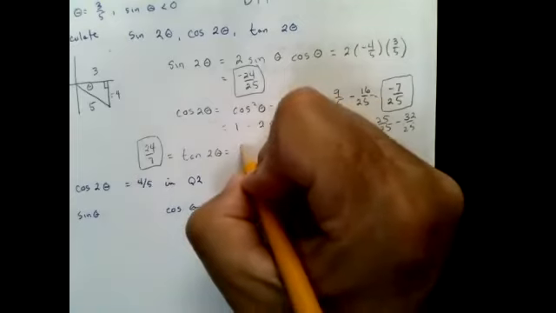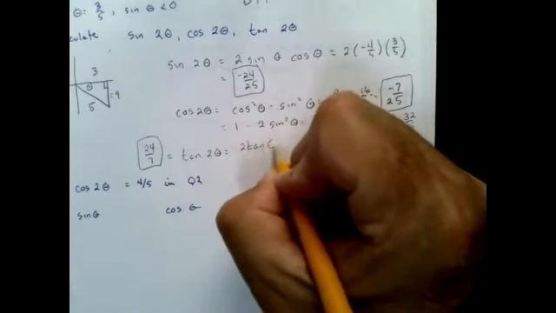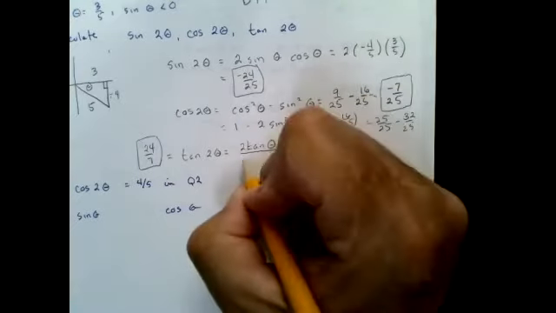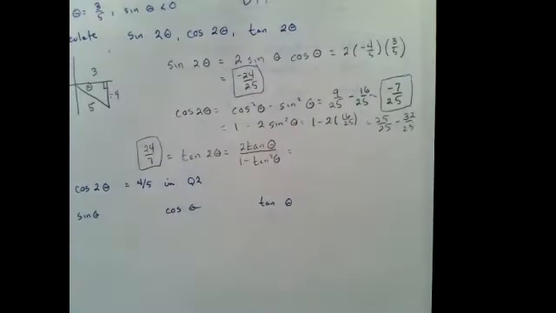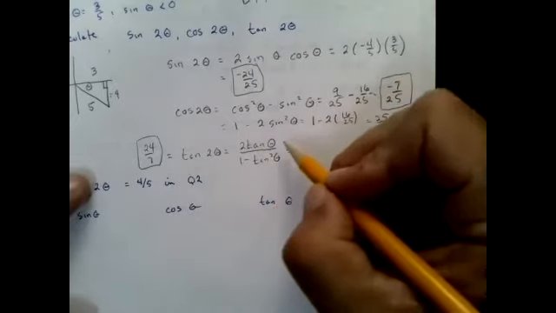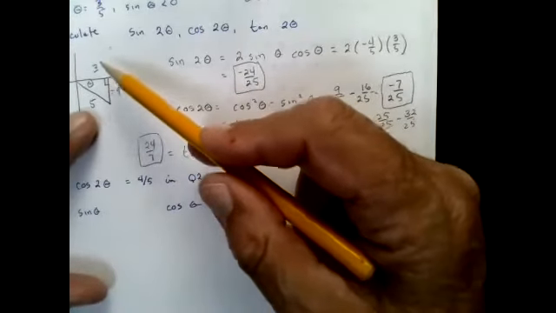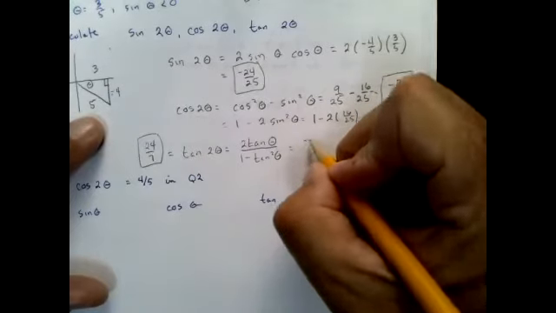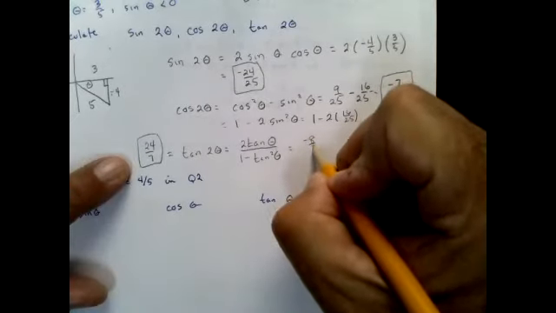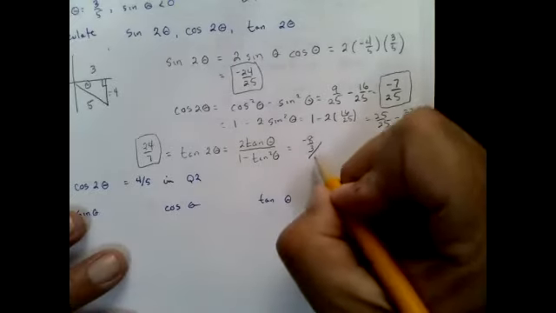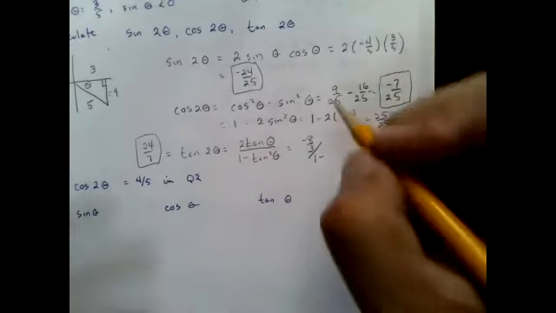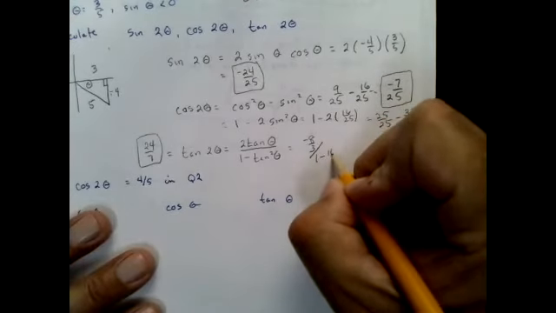The formula was 2 times the tangent of theta over 1 minus the tangent squared. 2 times the tangent, -4/3, is going to be -8/3 divided by, make sure I did that right, somebody. 1 minus the tangent squared, which is 16/9.